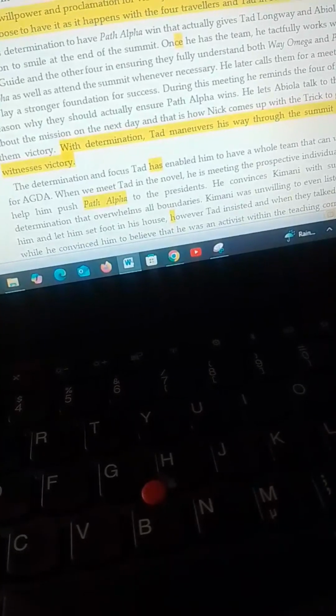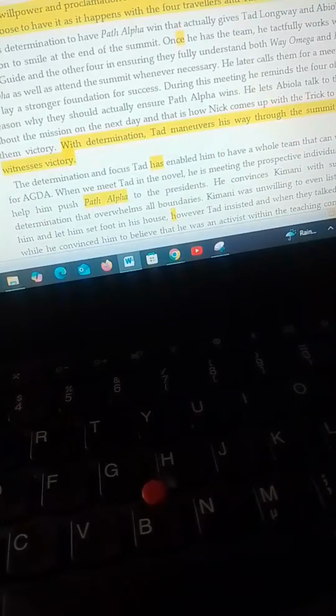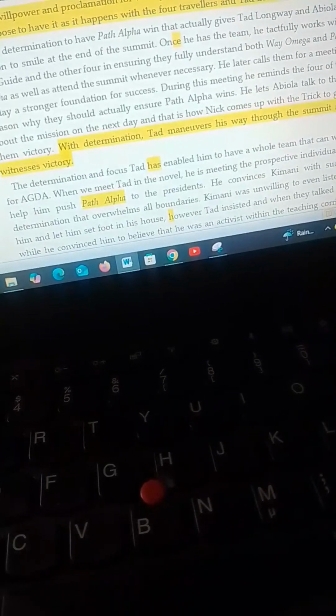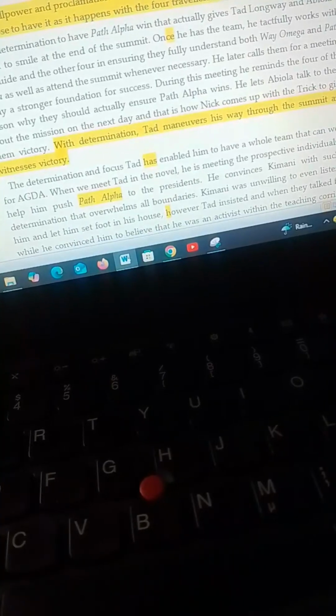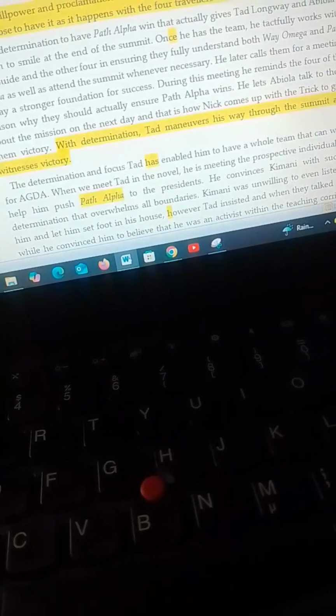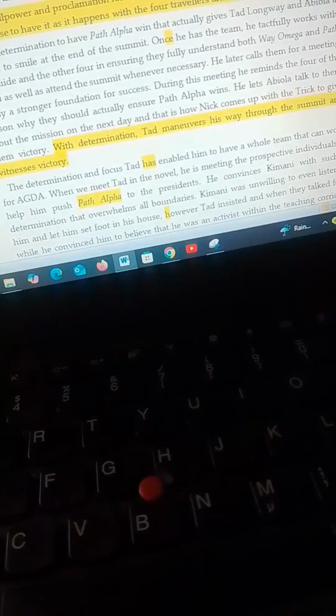Once Tad has the team, he tactfully works with the guide and other 4 in ensuring they fully understand both Path Omega and Path Alpha, as well as attend to the summit whenever necessary. He later calls them for a meeting to lay a stronger foundation for success.